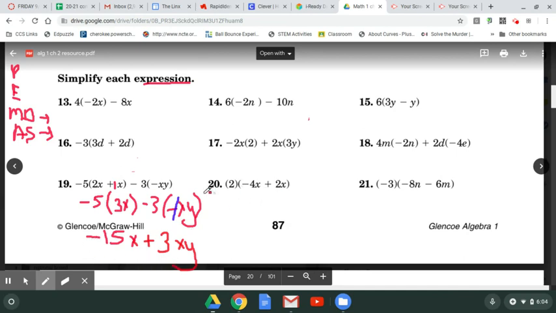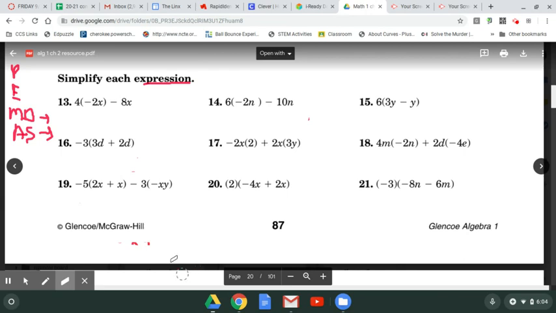Now on this one here, what do we want to do first? We have 2 times negative 4x plus 2x. Parentheses. Can we do inside the parentheses? Yes.